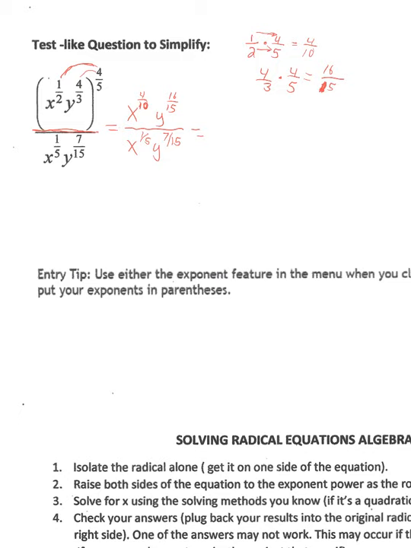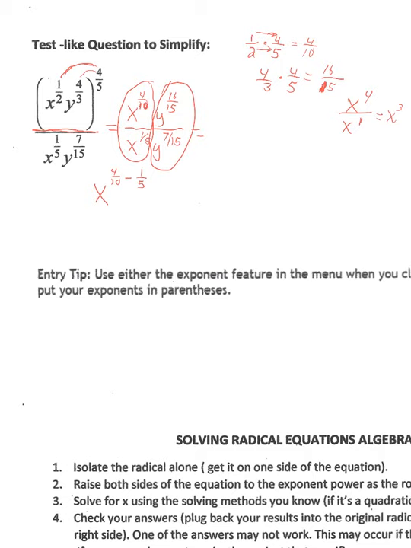Okay. And now I'm going to divide. Remember, when we divide, if I gave you x to the 4th over x to the 1st, we subtract and get 3. So now, first of all though, I have to subtract the x portions, and I'm going to subtract the y portions. So I'm going to get x to the 4/10 minus 1/5.